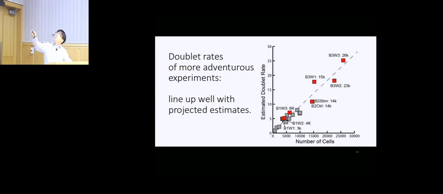These are 15 samples together, 26,000 cells, and about 30% of them are doublets. You still have almost 20,000 singlets you can obtain, as opposed to 1,000 cells you could get if you didn't do the multiplexing with a similar amount of doublets. So this lines up well with the projected estimates, and we are very happy with this result.